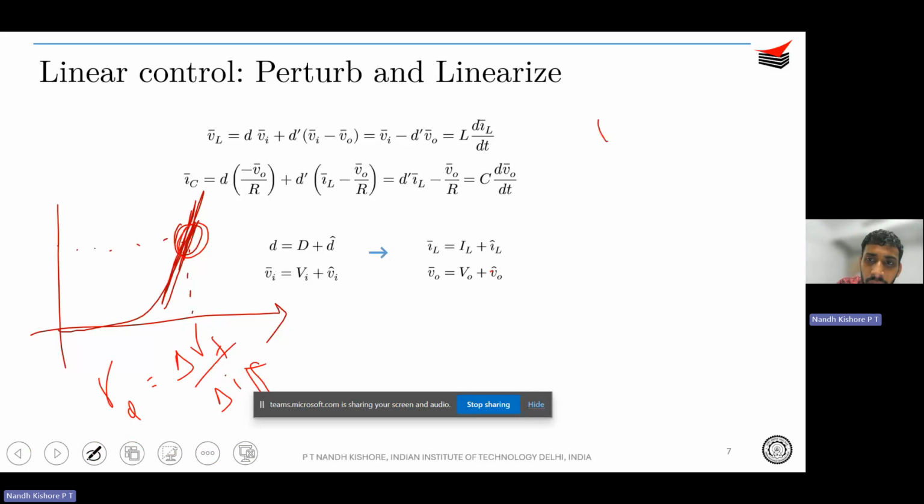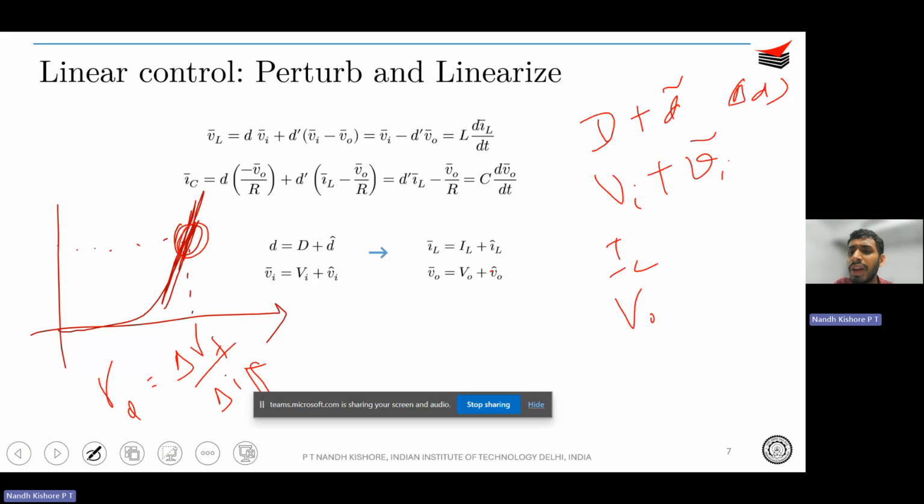So if your operating point is capital D, your input voltage is V_I, your inductor current is I_L, and the output or capacitor voltage is V naught, what we really mean is in the vicinity of this duty. If I have a small variation in duty, D tilde or D hat, whatever you may call it, or a small variation in the input voltage, V tilde, it's like a delta, a very small change.